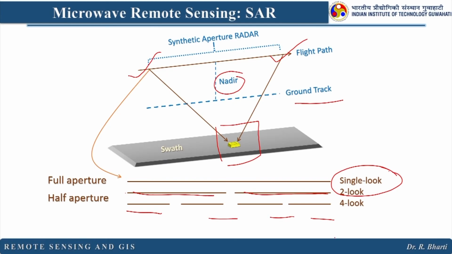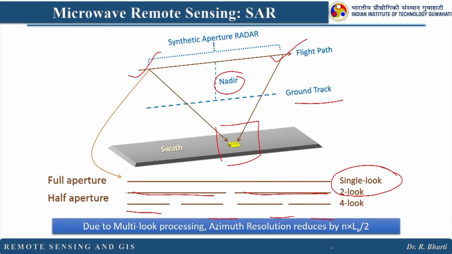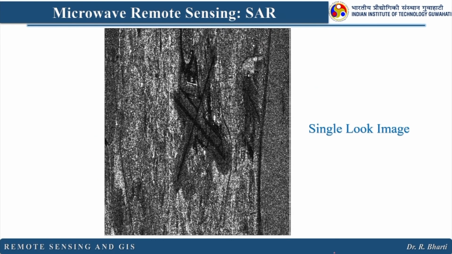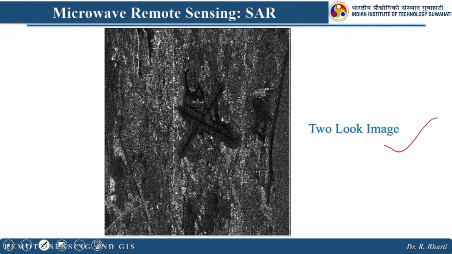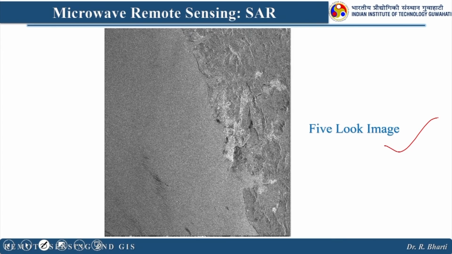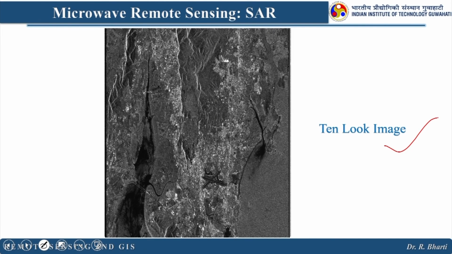If you have a single look image, it will have certain limitations. When you have 2 looks, you are going to add more information. When you have 4 looks, it will have further more information. You can increase the number of looks depending upon the device, the technology or the technique you are going to follow. Here in this case, the single look image will look like this, then the 2 look image like this, 4 look like this, 5 look like this, 10 look like this.